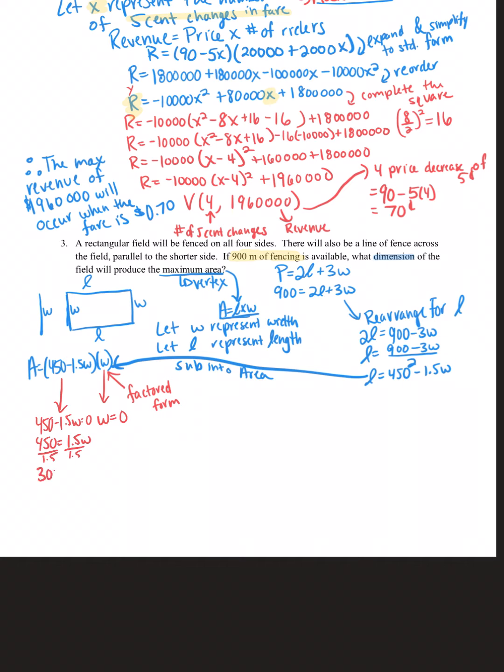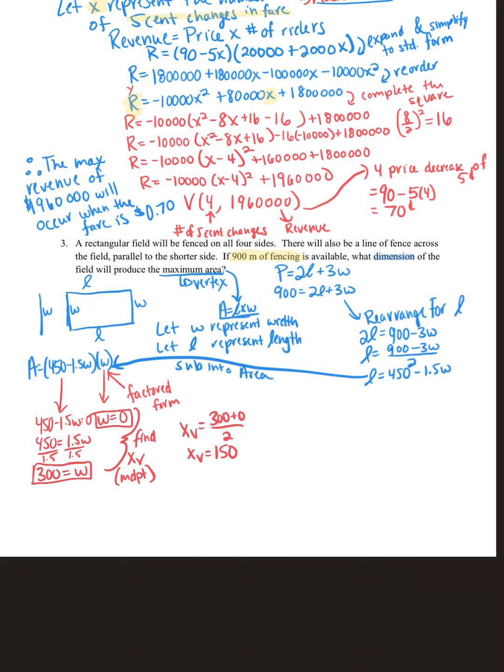So we'll get 300 equals W. So my zeros are going to be at 300 and at 0. So I'm going to find the x value of my vertex, which is the midpoint of our zeros. So we can say the x value of my vertex is going to be at 300 plus 0 divided by 2. So that's going to happen at 150.